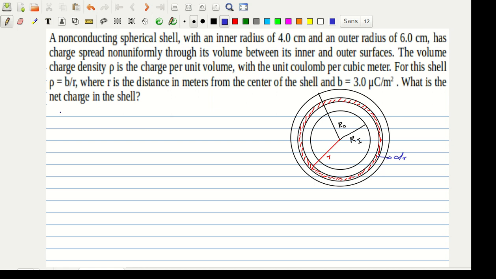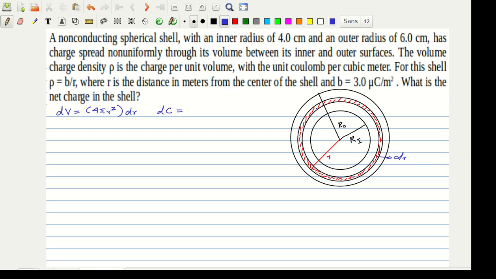So we know that dV, which is the volume of this thin shell, is equal to 4 pi r square, which is the surface area of this shell at a distance r, times dr. Now once we know dV, we can find the charge on this shell, which we write as dC.